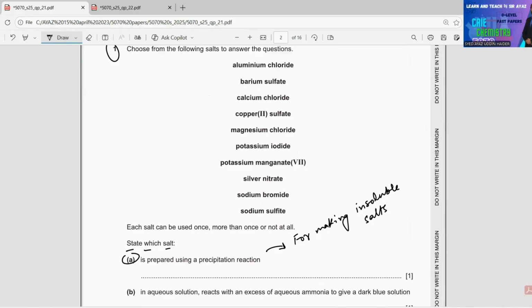All chlorides are soluble except LMS, that is lead, mercury, silver. So aluminum chloride is not the choice. Barium sulfate looks correct to me, because all sulfates are soluble except BaSaKe laddu: Ba barium, Ca calcium, Pb lead. So barium sulfate must be the right answer for this one.